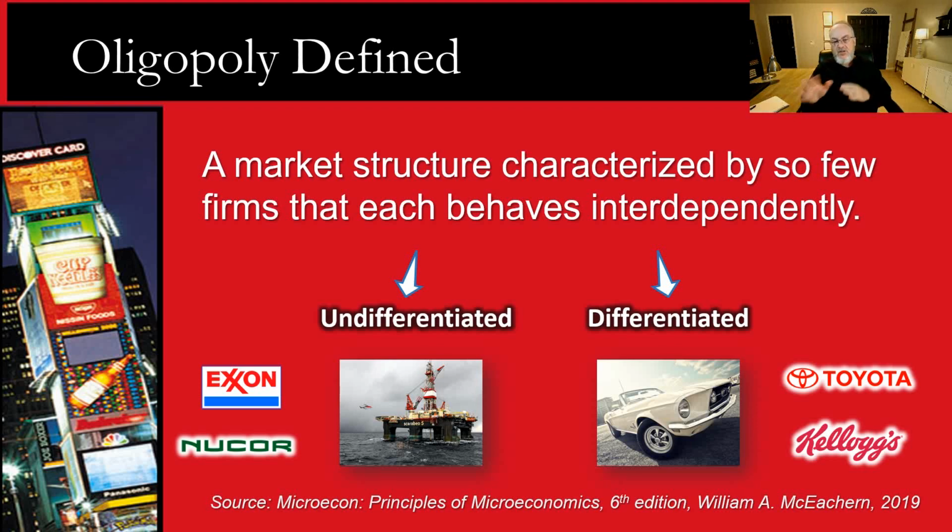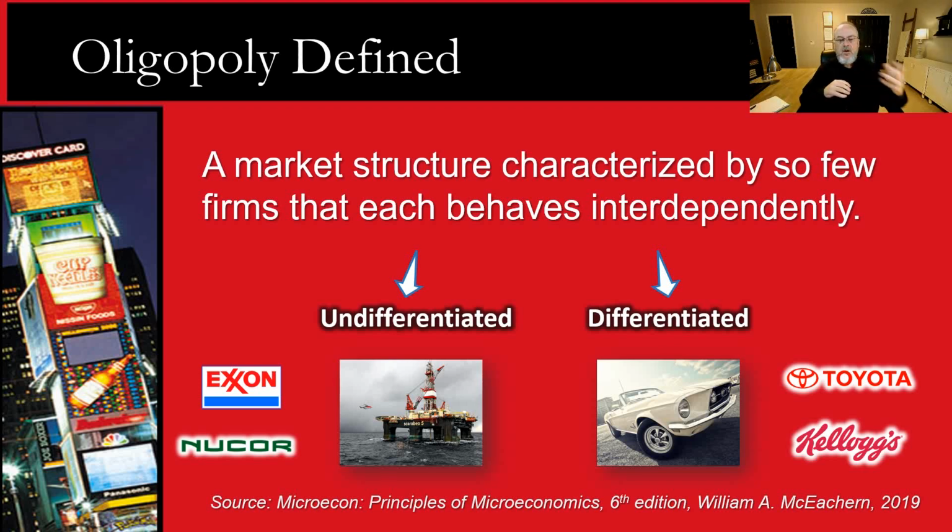Now in the differentiated side, they are interdependent, but they are not as interdependent. Let's take the Toyota example here. Think of a Toyota Camry and a Honda Accord. They're both cars, they both have four wheels, they're both in the same basic product class, sedan. They're basically about the same size. But there are differences in these products that cause people to want a Honda Accord over a Toyota Camry.